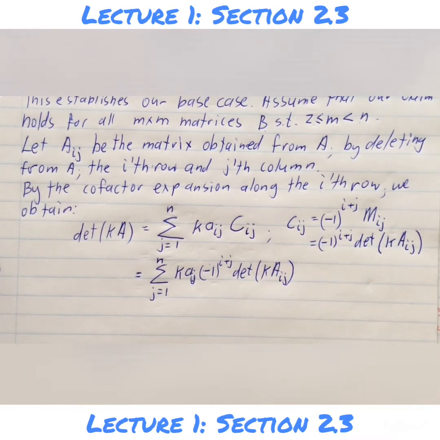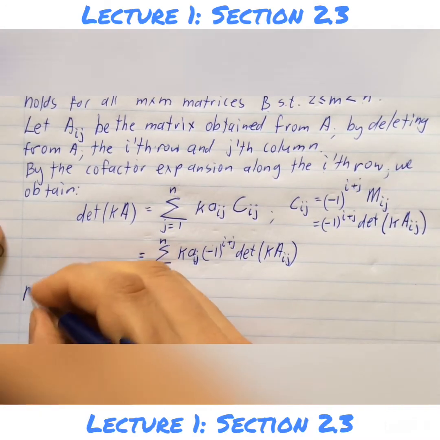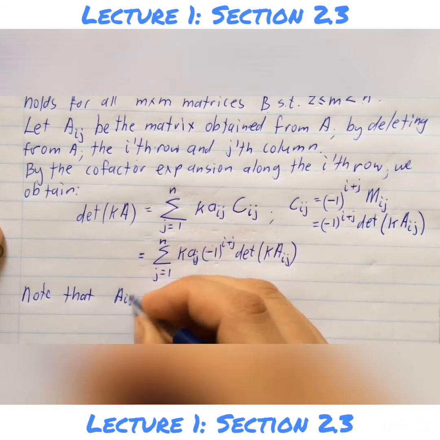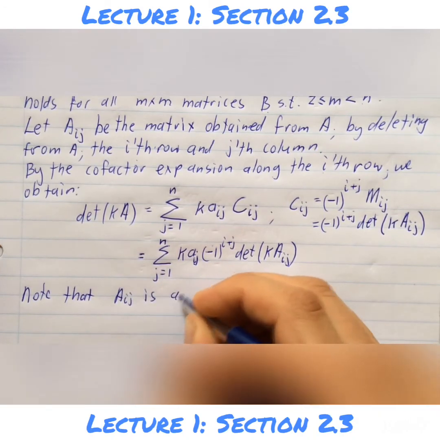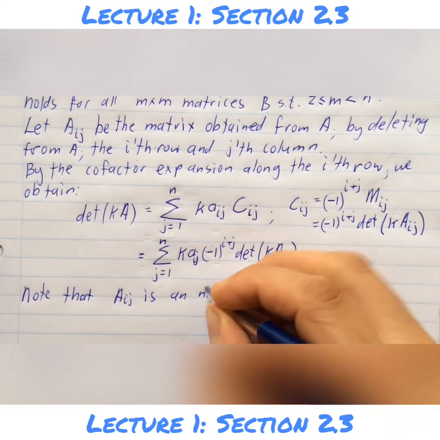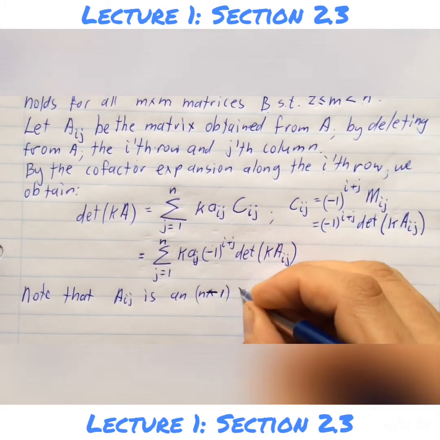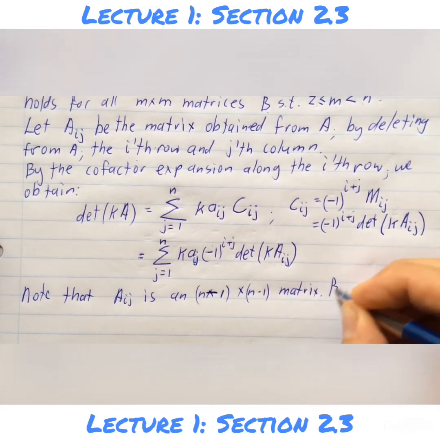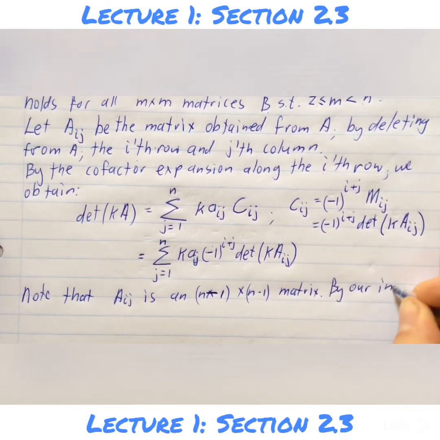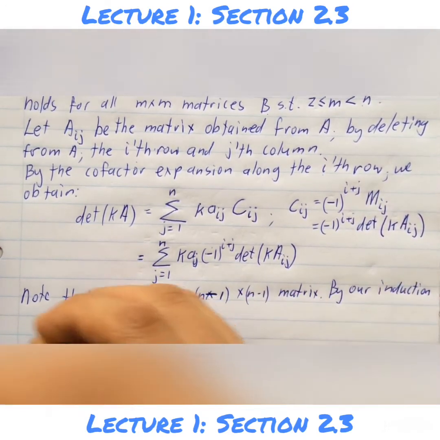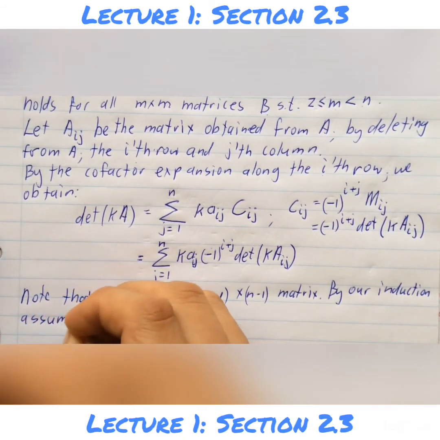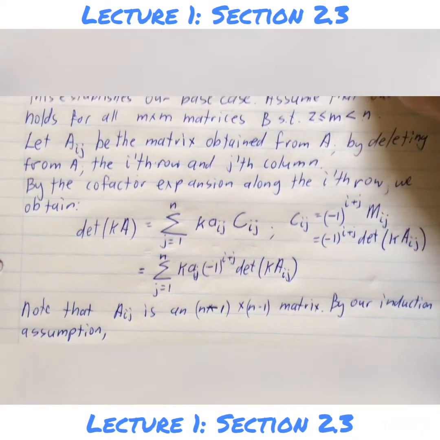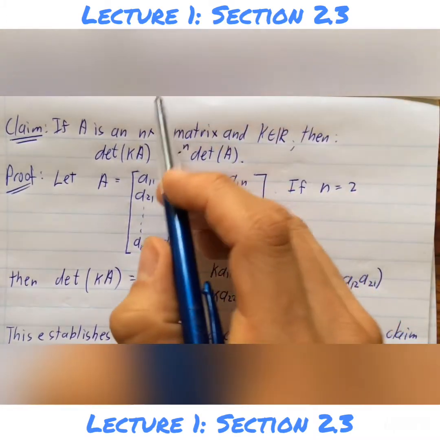So just note that Aij is an n minus 1 by n minus 1 matrix, and so by our induction assumption, this rule is going to hold.